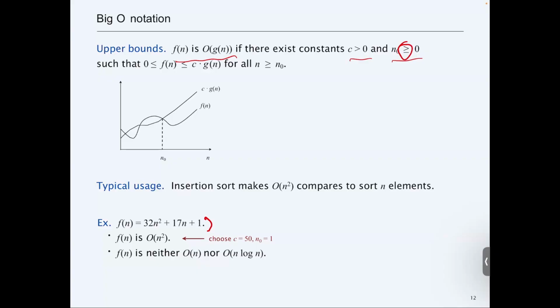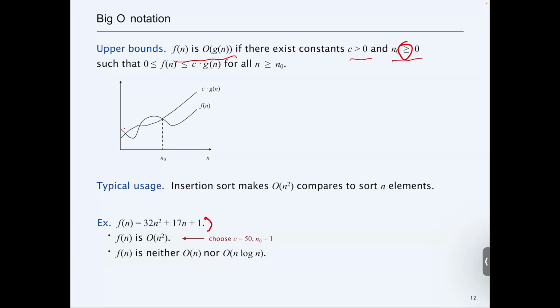Now this definition rather looks intimidating the first time that you see it, but conceptually it's very simple. What it means is that eventually g of n is going to grow at least as fast as f of n. The word eventually is important because of n naught, because before n naught, anything can happen, as we can see in this example graph on the slide.